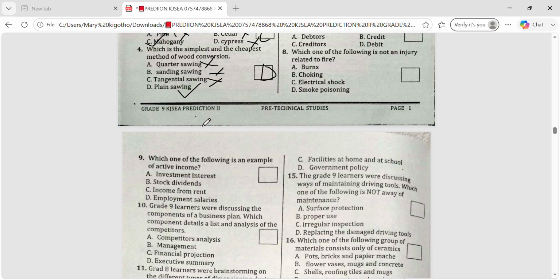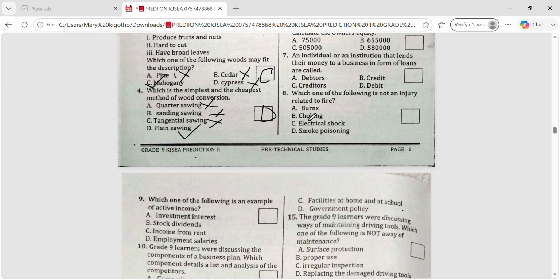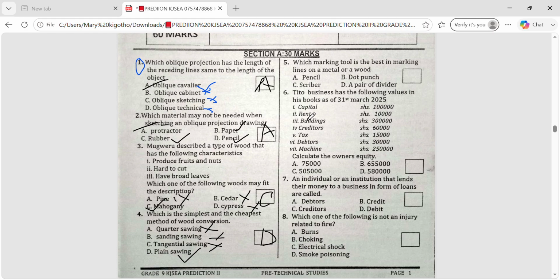Tangential sawing refers to the direction of cutting and is not considered the simplest or the cheapest method. Sanding is a finishing process used to smooth wood. So remember, plain sawing, simplest and cheapest. Quarter sawing, better quality but more expensive. I can see you are going very well.